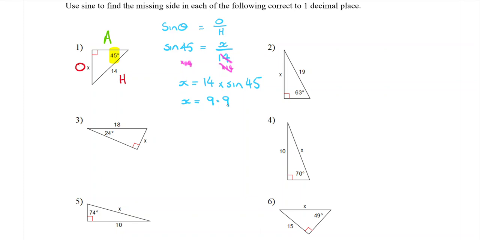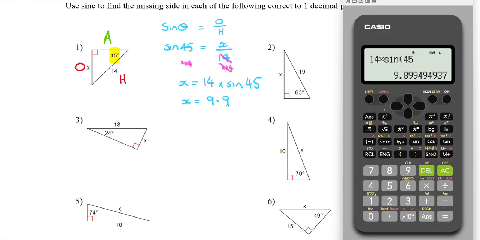Notice that I put the 14 in front of the sine 45. Now, there's a reason I do that is because if you do it the other way around in your calculator, sine 45 times by the 14, like that, it gives me a very different answer.